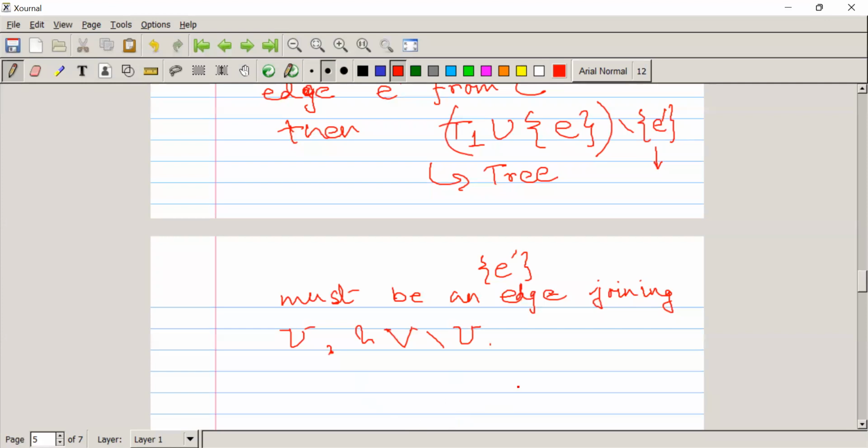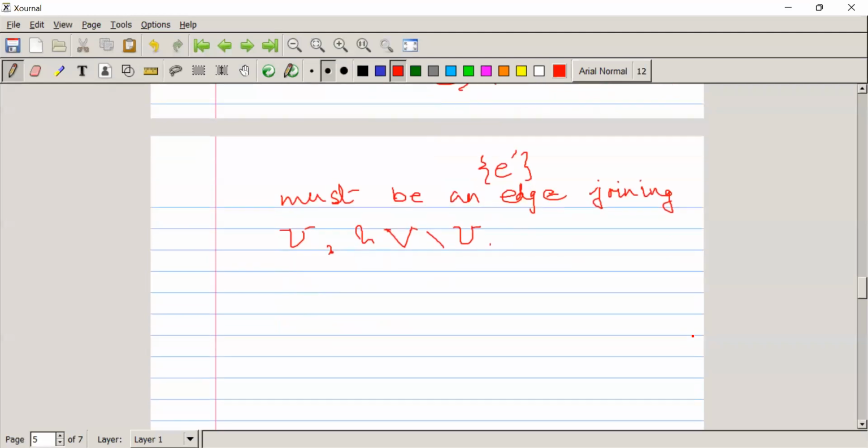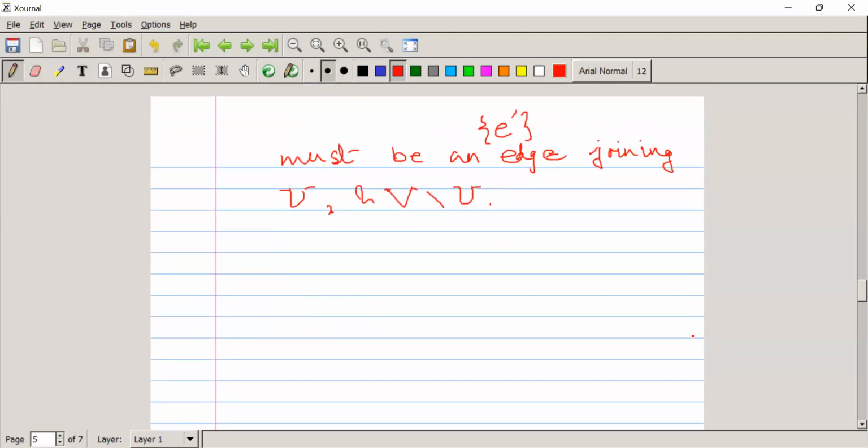Can you understand why this is true, or at all is it true? What do you think? Because both are disjoint. Yes, both are disjoint. U and V minus U are disjoint.